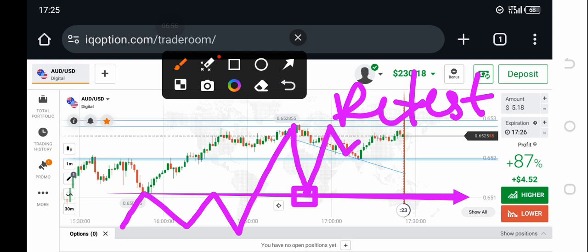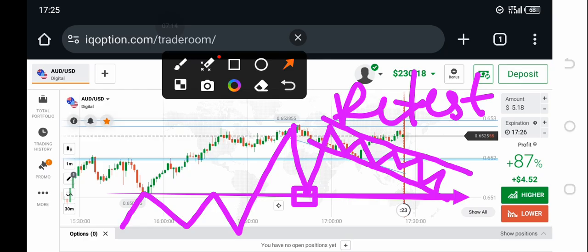So the market started moving downward like this. Because it is moving downwards like this, this is our trend line support, this is our trend line resistance.